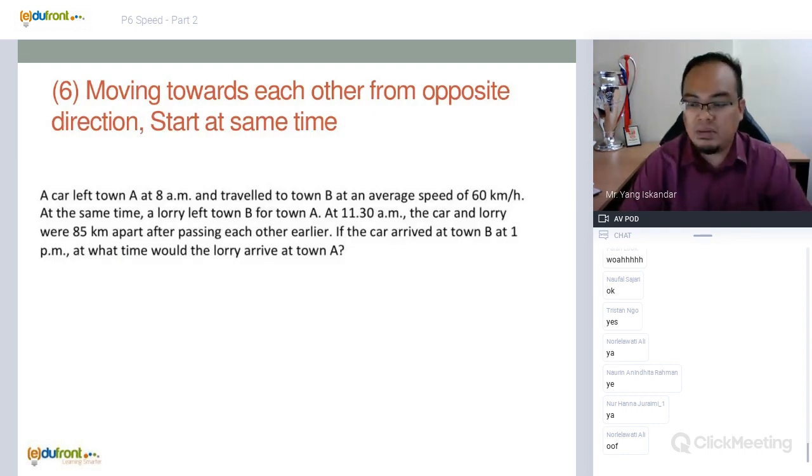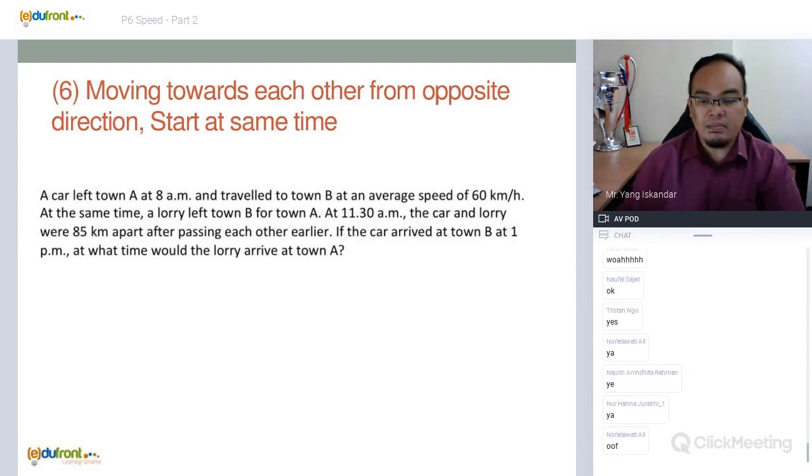Let's read together. A car left town A at 8 a.m. and traveled to town B at an average speed of 60 kilometers per hour. So the car left town A at 8 a.m. and traveled towards town B at an average speed of 60 kilometers per hour.